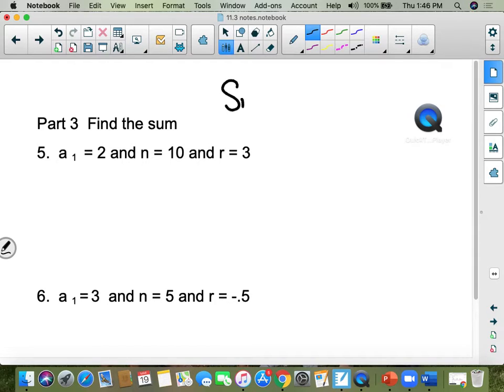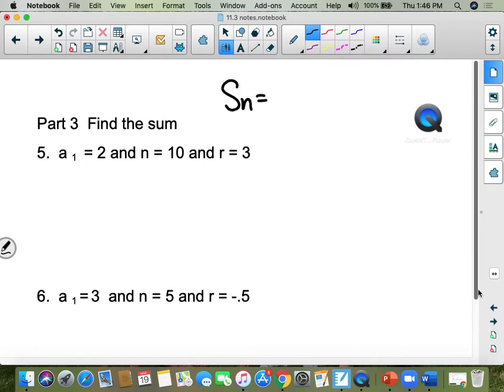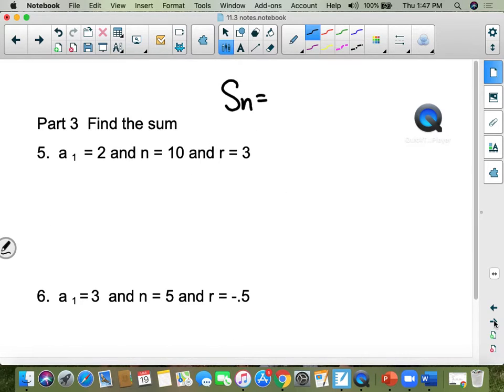The sum equals A1, okay. You need to know the first term. 1 minus the ratio to the nth divided by 1 minus the ratio. And that is about it.